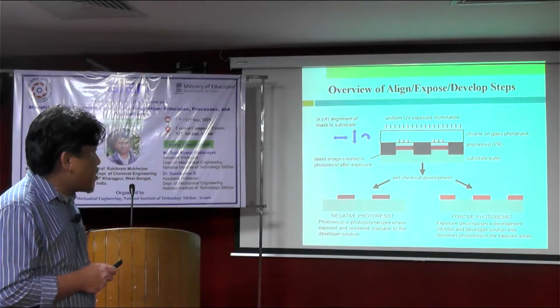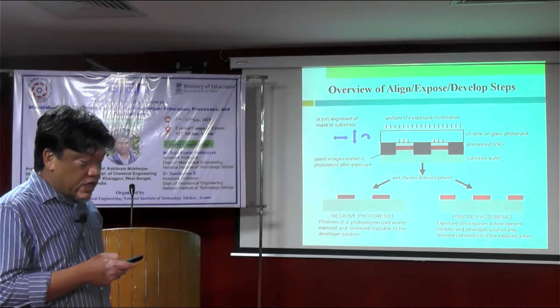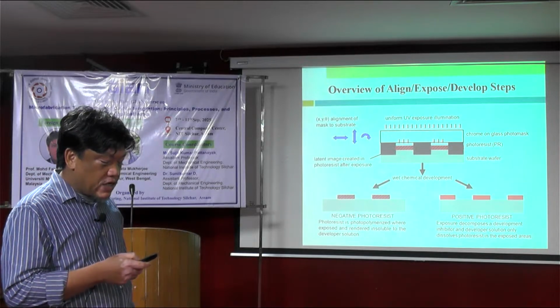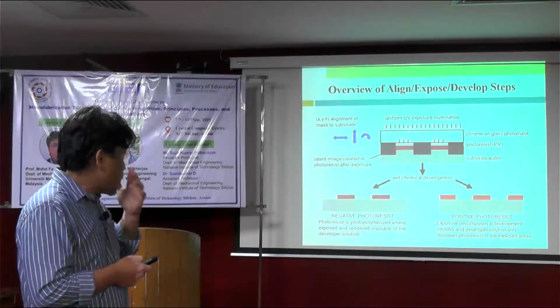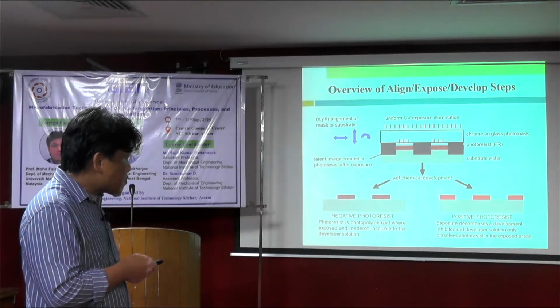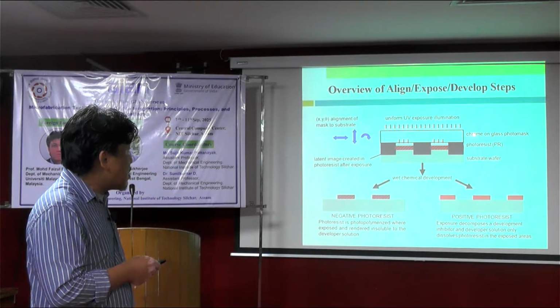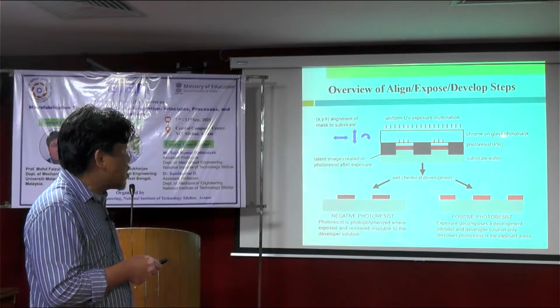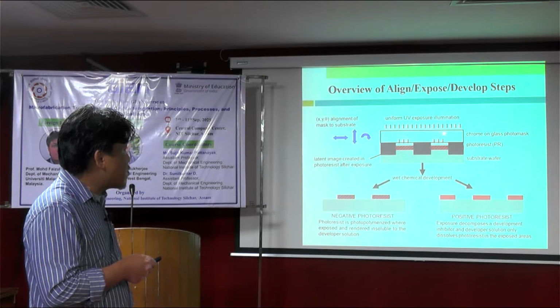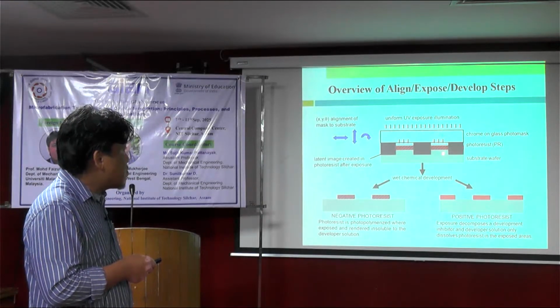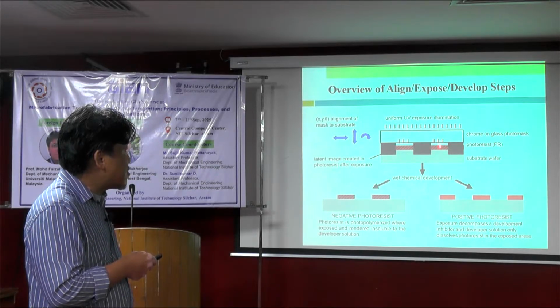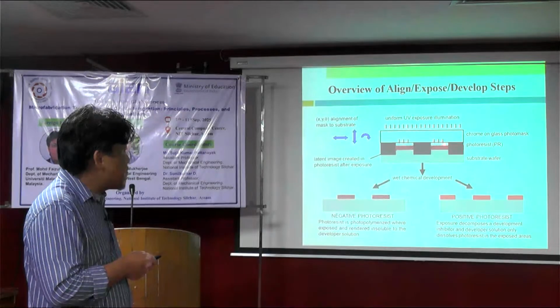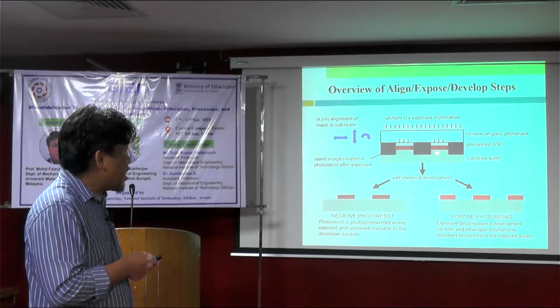And after pre-bake, then we expose the substrate or the materials with exposure of UV light. We have a chrome on glass photomask. This is the photomask. So this is where it's not covered. Then the light will pass through. The UV will pass through here and expose this photoresist part to the light.